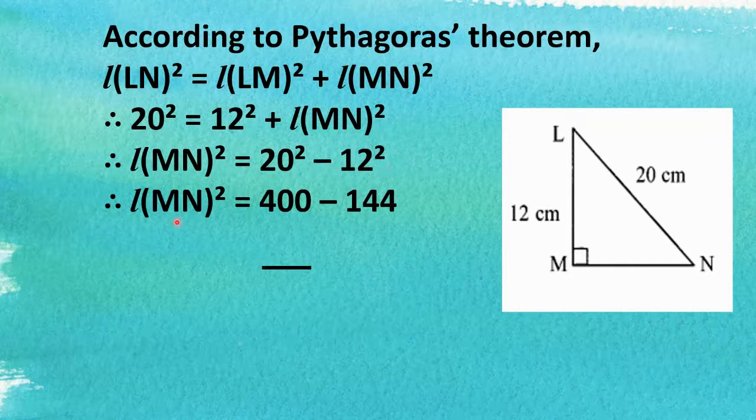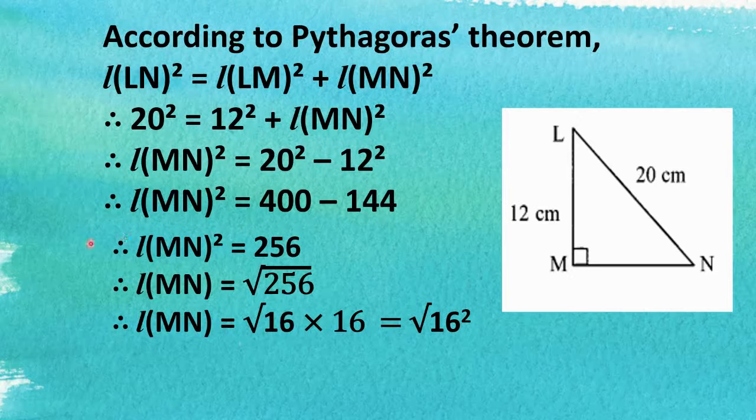So length of MN square is equal to 20 square that is 400 minus 12 square that is 144. So 400 minus 144. So here we will get length of MN square is equal to 256.